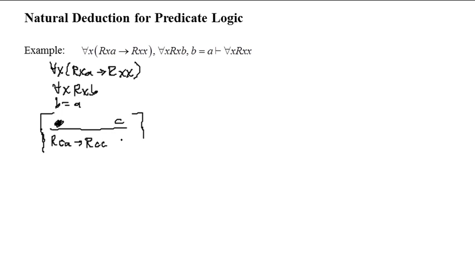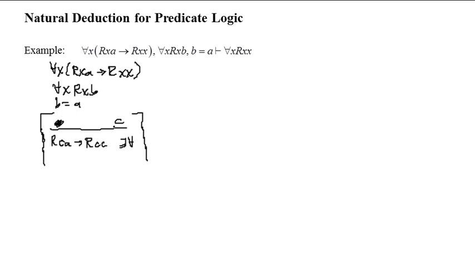So that's by the elimination rule for the universal quantifier. Now notice Rcc is actually what I'd like to prove within this subproof, because I'd like to then more or less generalize to give myself for all x, Rxx at the end. So if I can show Rca, then I should be in good shape here.